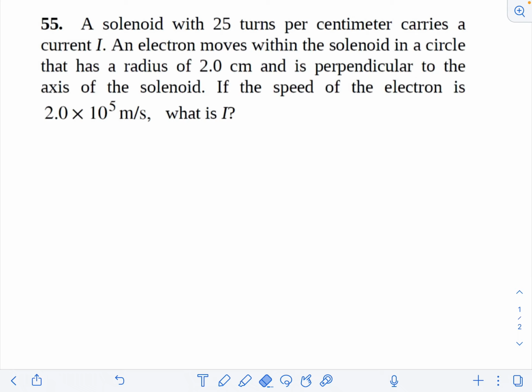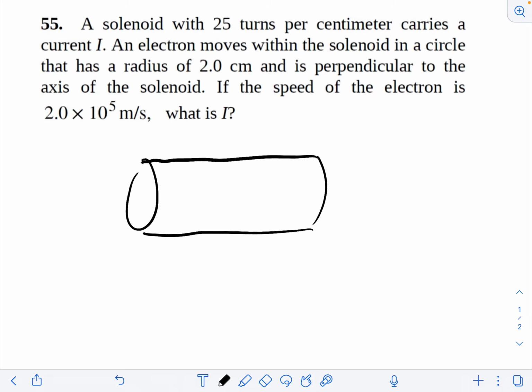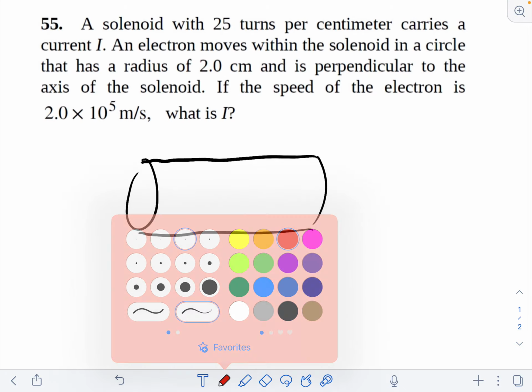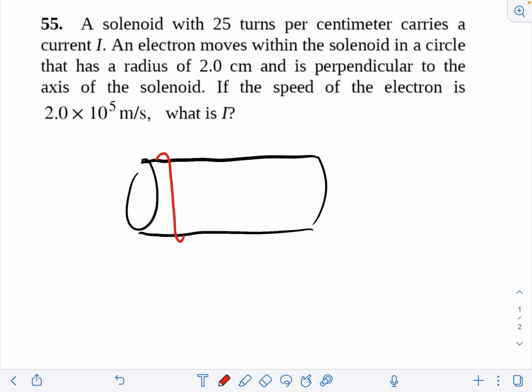Okay, so first, before we get into any of the Python stuff, let's just solve this problem. We have to recall a couple of things. Let's imagine that this is our solenoid, and there are some windings around this cylindrical former. Maybe our wire comes out here, and we have current I flowing through these windings.